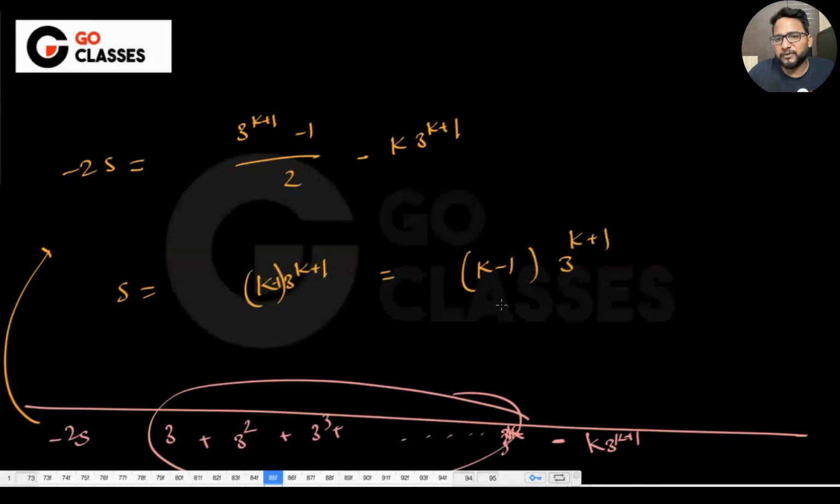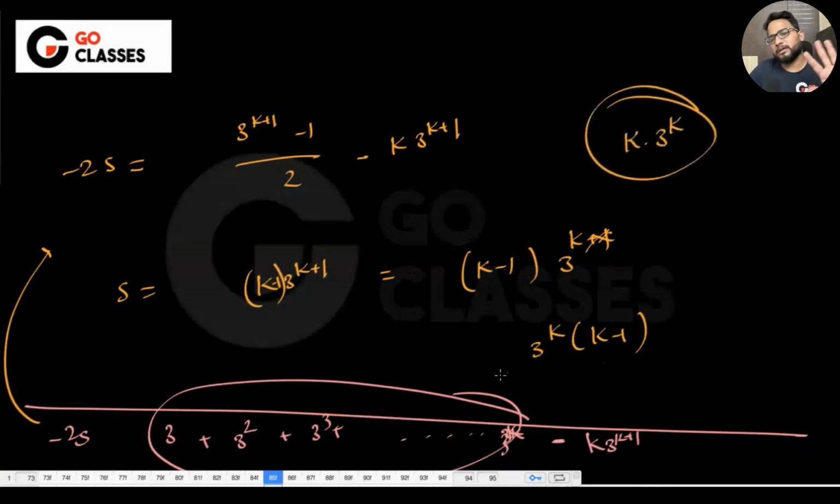Minus 1 plus 1 actually won't matter much, so maybe you can ignore this plus 1 because this is 3 into something, right? So 3 power k into k minus 1, and then k into 3 power k minus 3 power k. So you can again ignore this. So it is finally in terms of k into 3 power k, asymptotically, okay? Now, k is log n.